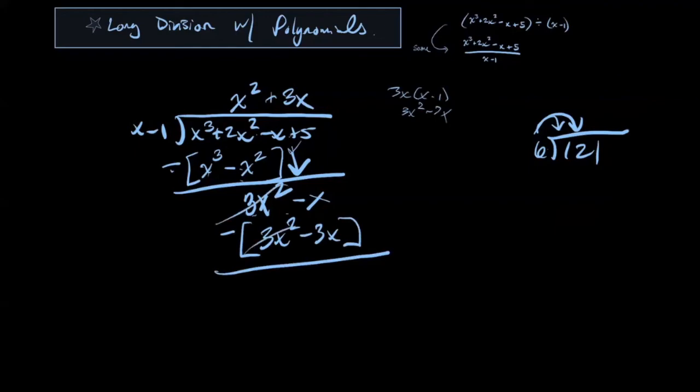That's negative x plus 3x, so 2x. So now the question again, what do we have to do to x to make it look like 2x? And that would be multiply it by 2. And then we subtract 2 times x minus 1. That would be 2x minus 2.